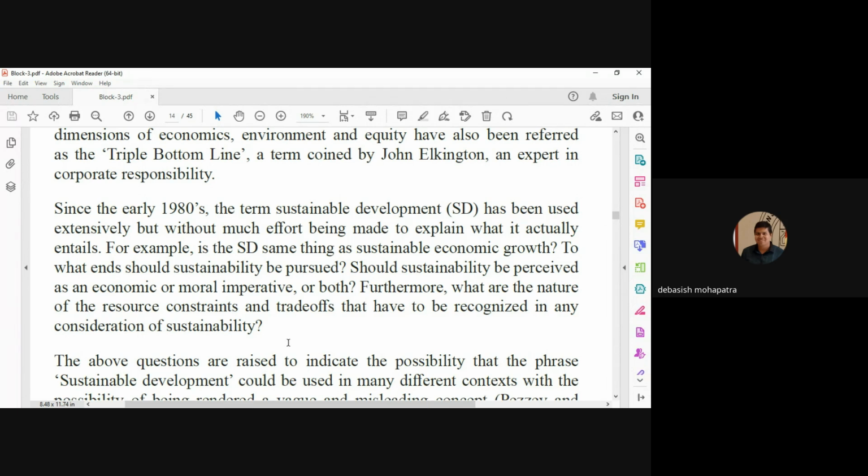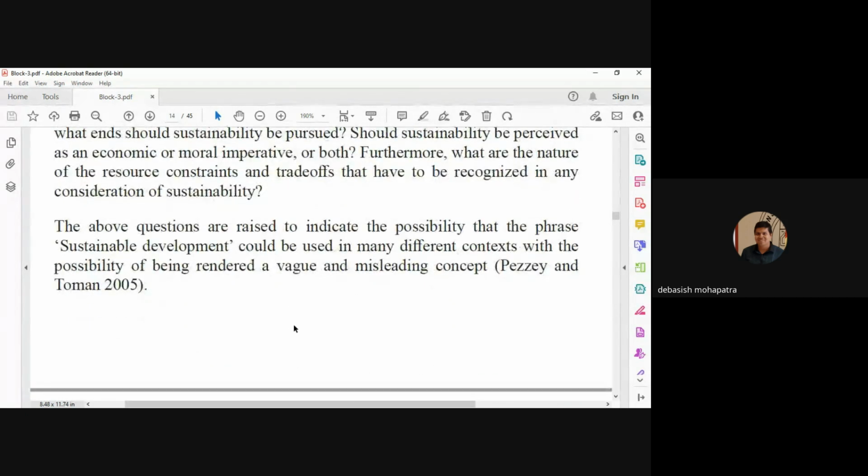Furthermore, what are the nature of the resources, constraints and trade-offs that have to be recognized in any consideration of sustainability? These questions are raised to indicate the possibility that the phrase sustainable development could be used in many different contexts, with the possibility of being rendered a vague and misleading concept.